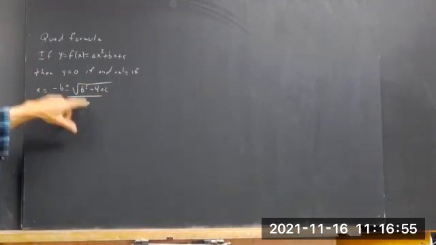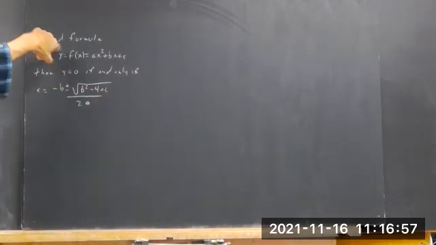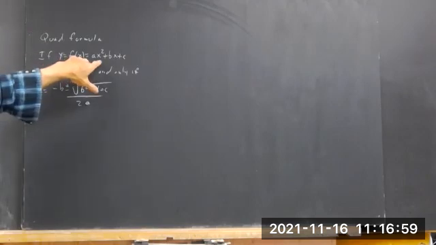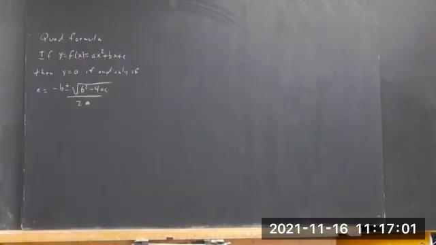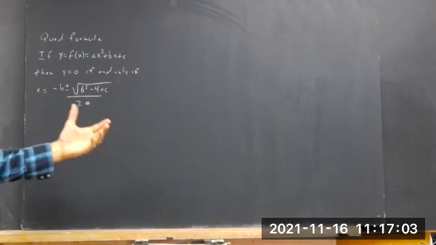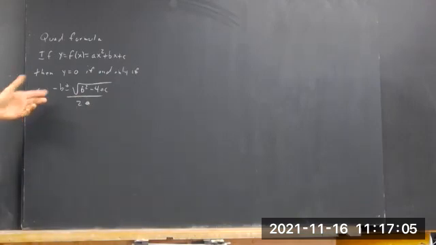Here's the quadratic formula, and this is what it tells you. It tells you where the quadratic function ax squared plus bx plus c is 0. Okay? Every quadratic function is of this form.